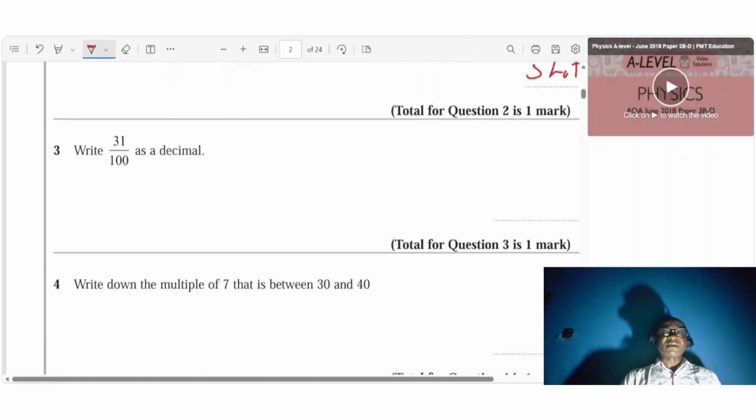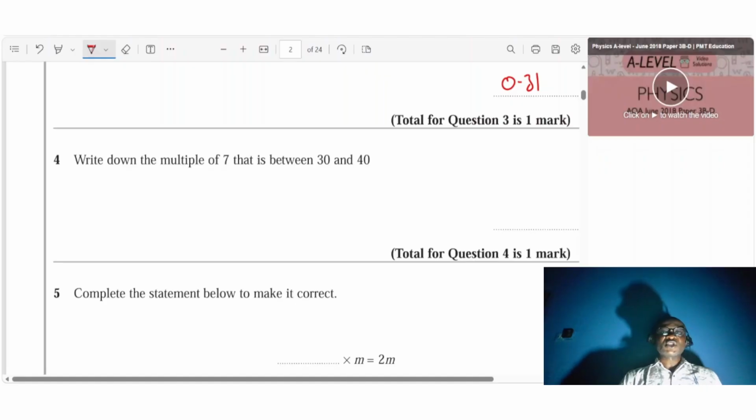That is number 3. To put it as a decimal, what will it be? 0.31 is correct. Then in number 4, we should find the numbers that are multiples of 7 between 30 and 40. So what do you think? 5.